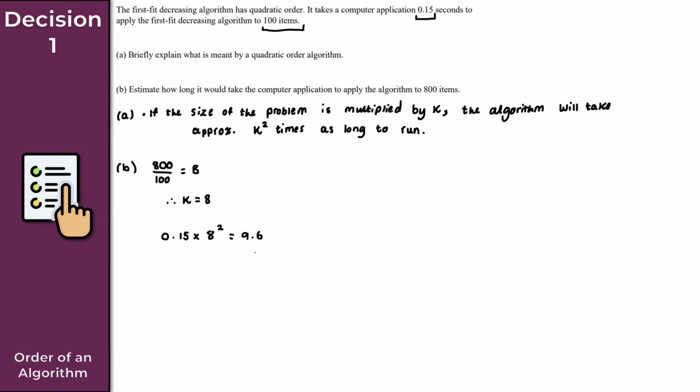Okay, so we get 9.6 there. Don't forget the units of time, right? This is 9.6 seconds. Okay, and there we have it then. We don't need anything else other than that. That's absolutely fine. So it gives the solution to the very last question, question 2. And that brings us to the end of this video on the order of an algorithm.